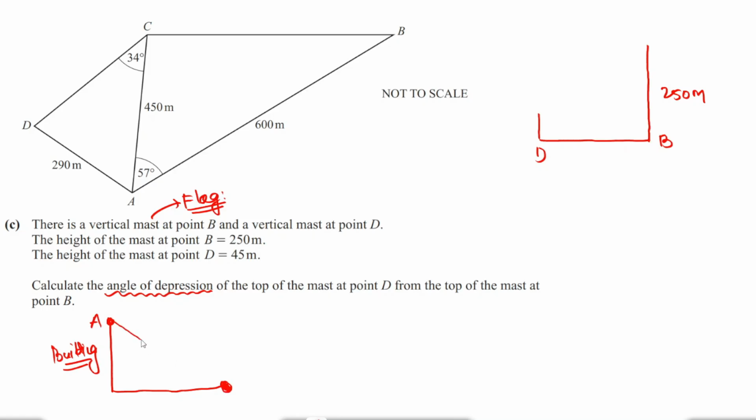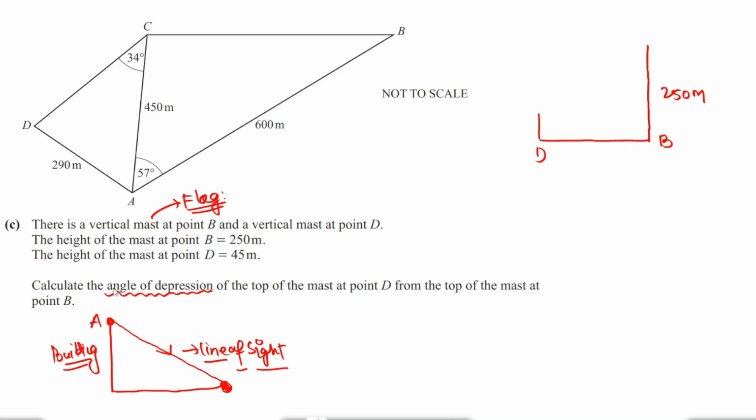This line is called the line of sight, by which the kid is looking at the football.